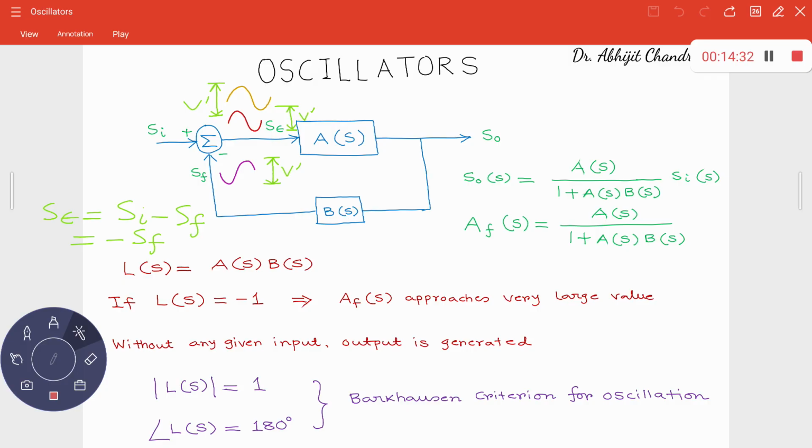Suppose this condition, L(s) equal to -1, holds good for only a single frequency. Then what kind of output can you expect at S_O?